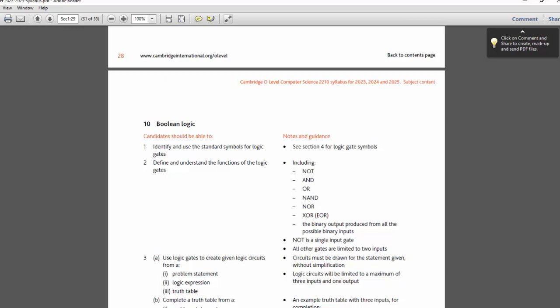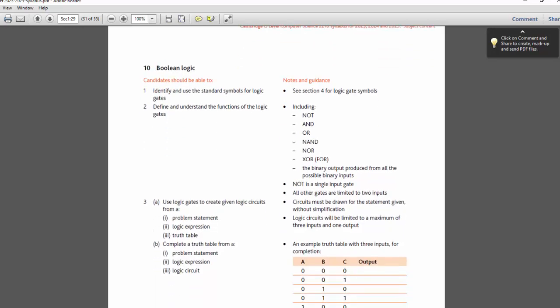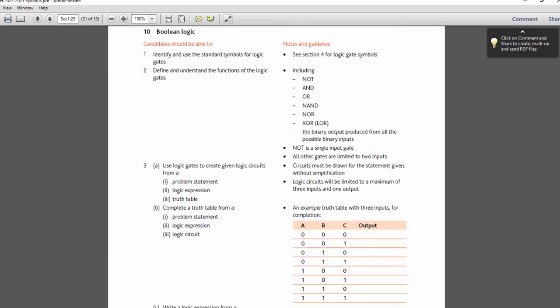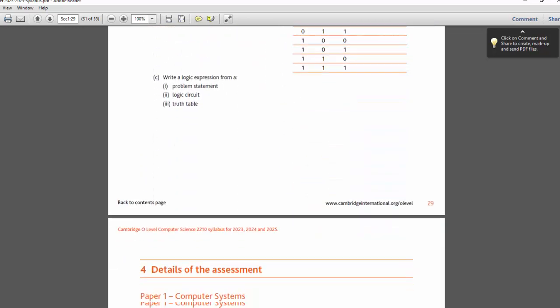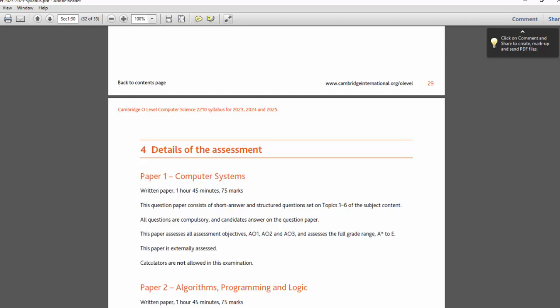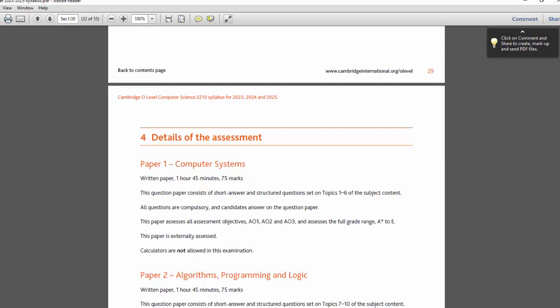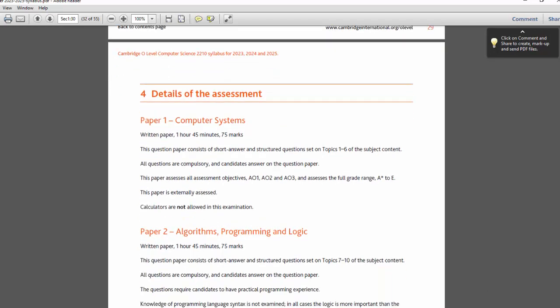So we will study Boolean logic in paper 2. Okay, and the rest of the things are the same. Fine, it's not 100% updated, like 50, of course 50 or 40%. I must say that 50 or 40% of the syllabus has been updated, and the interesting contents have been updated.